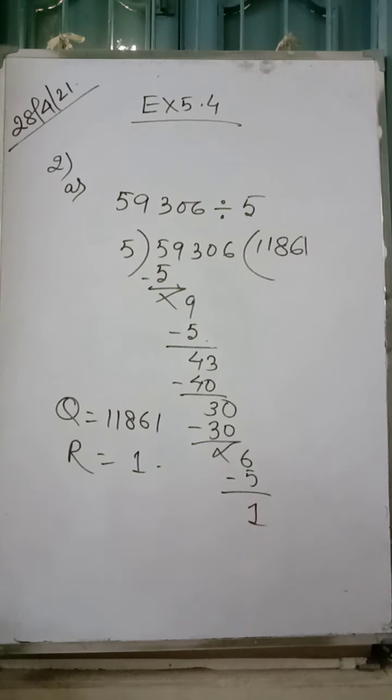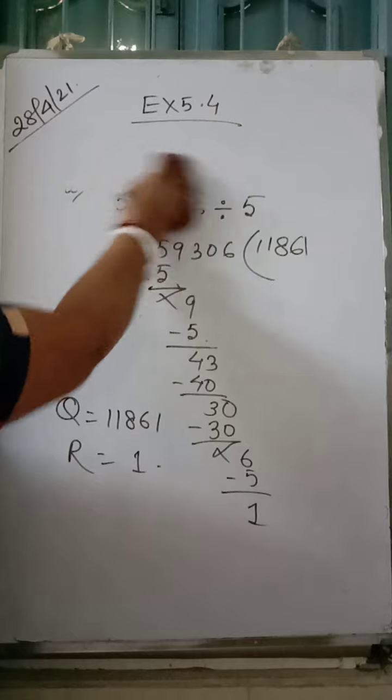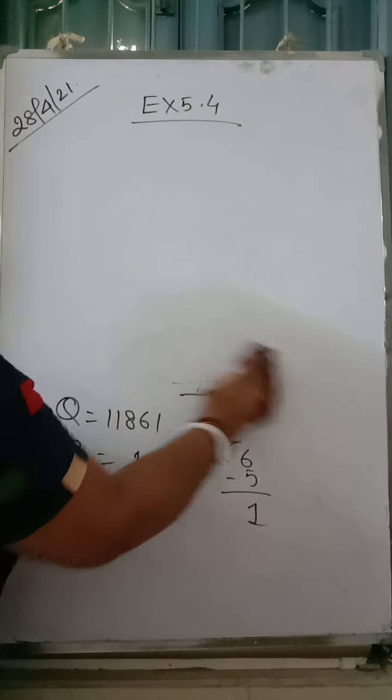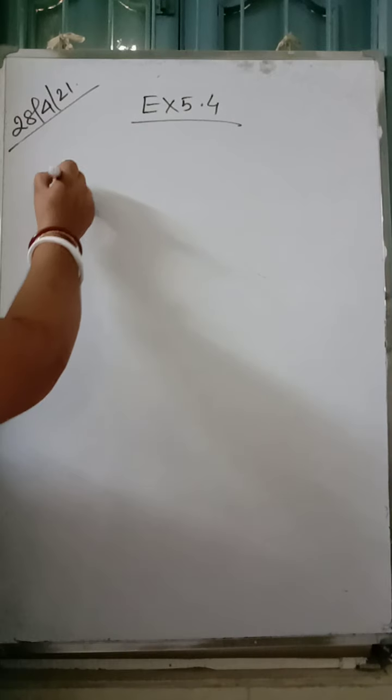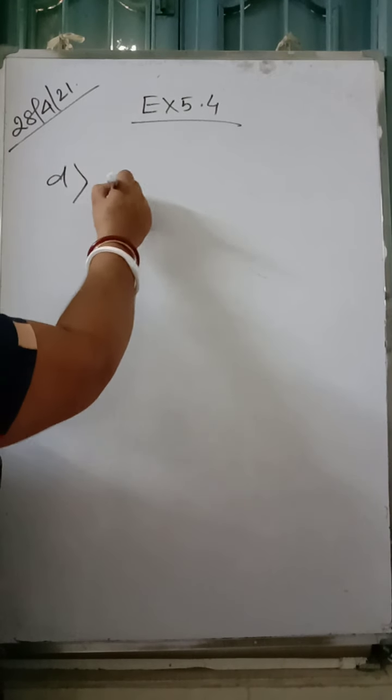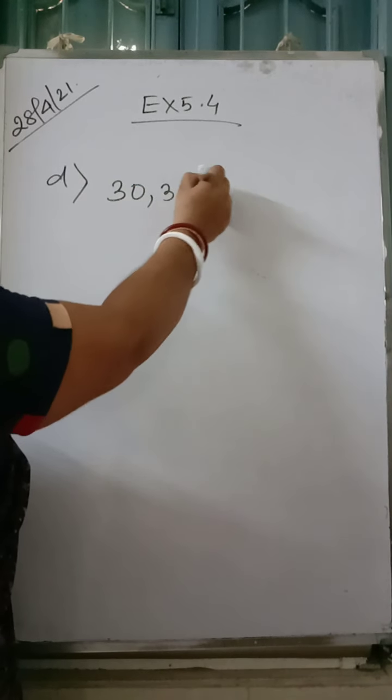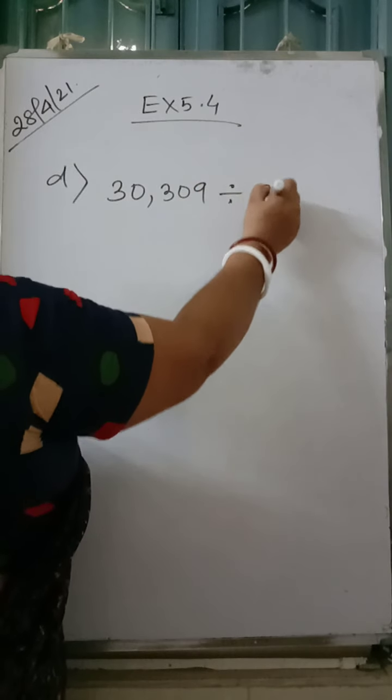Just see question 2D. 30,309 divided by 9.